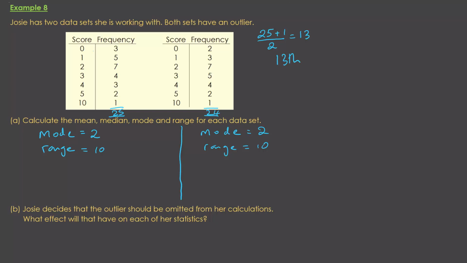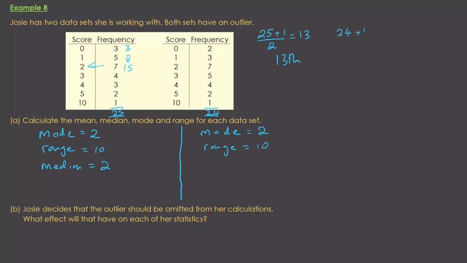This is something called a cumulative frequency. Add 5 is 8. Add 7 is 15. And therefore the 13th piece of data would be between the 8th and 15th. So it would be a 2. So the median here is equal to 2.